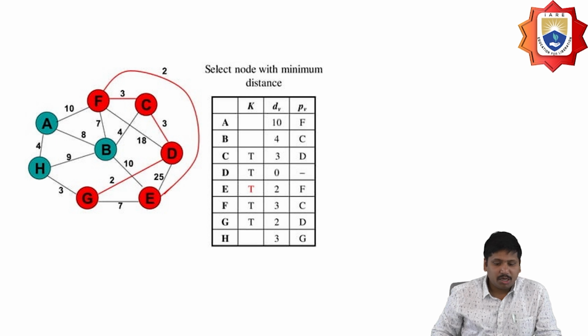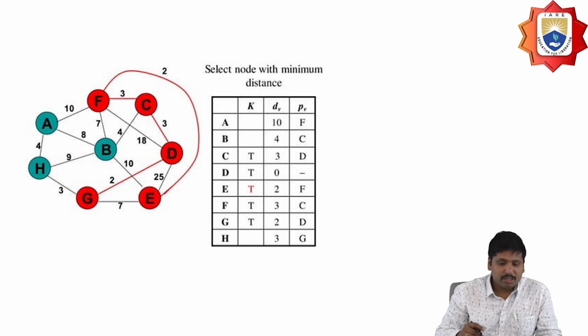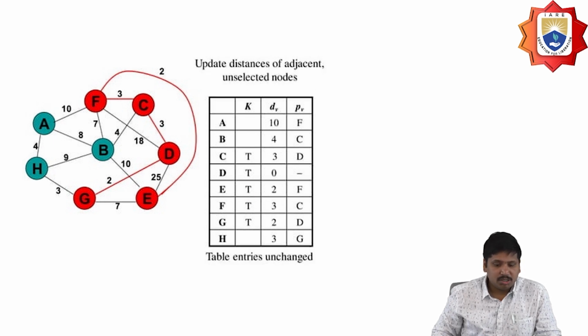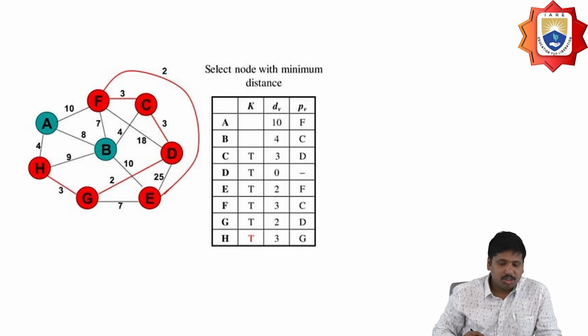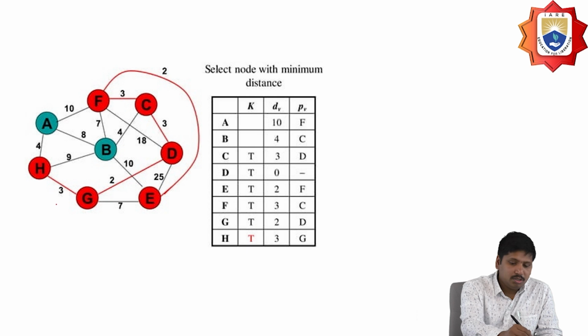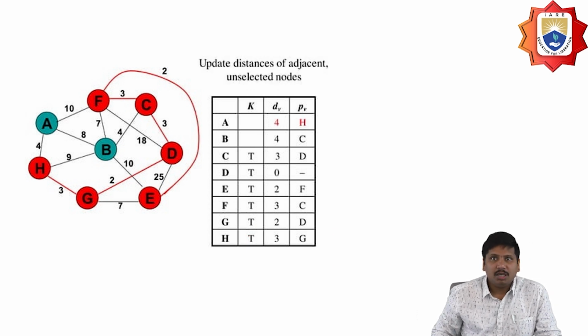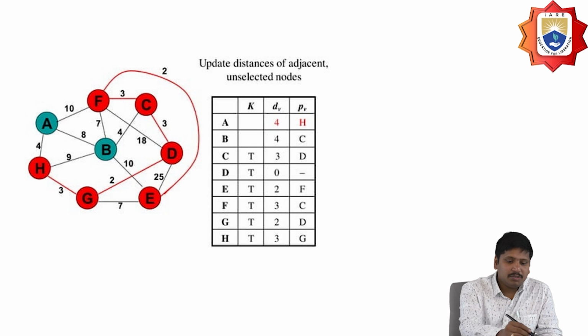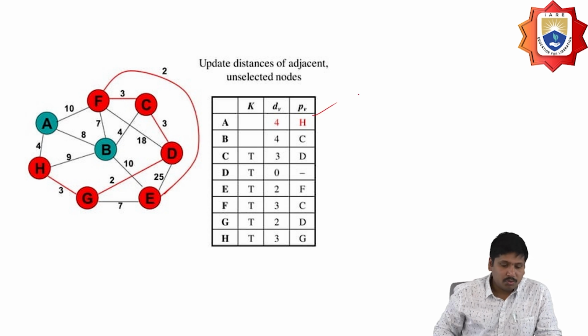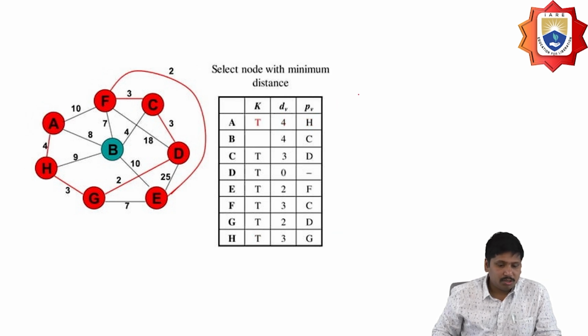From F to E again I'm going to consider what should be the next minimum here, so that is G to H. So G to H is 3, so 3 is going to be considered here. From this the next minimum is 4, H to A, so H to A is going to be considered.